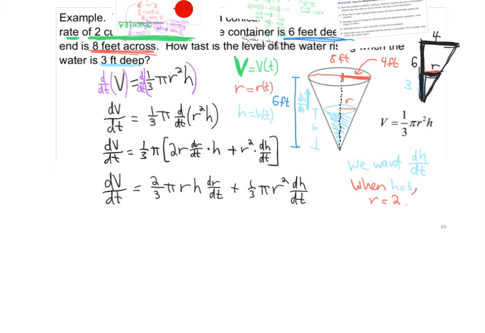Let's do that. dV/dt is 2. And then that equals 2/3 pi times r, which is 2, times h, which is 3, times dr/dt. Oh, wait a minute. We didn't think about that. What's dr/dt? I'm going to use the fact that we have this similar triangle situation to help me answer that.